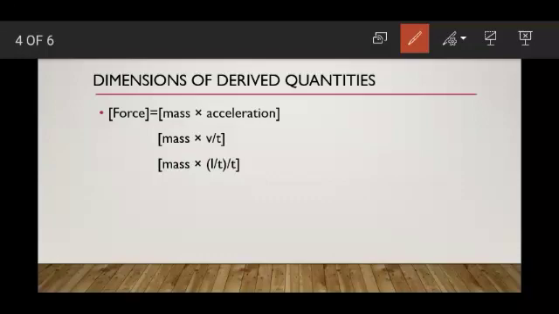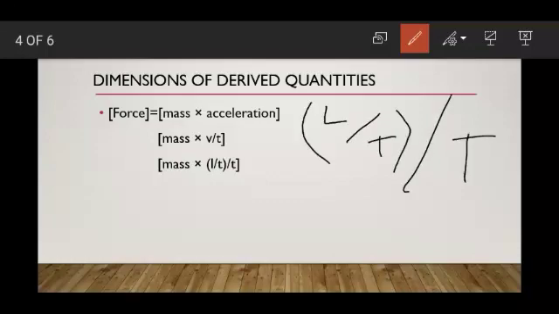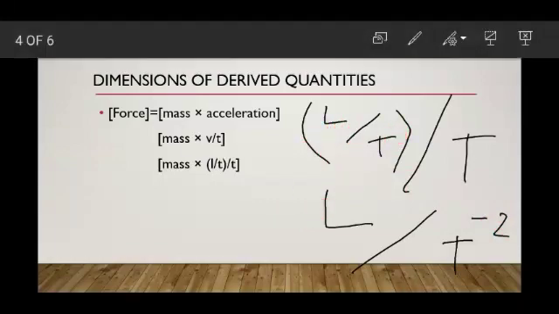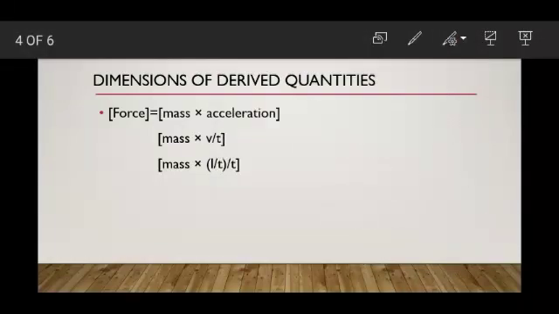I'm going to simplify this. Length over time over time. This means length over t to the negative 2. As you can see, simple mathematics.